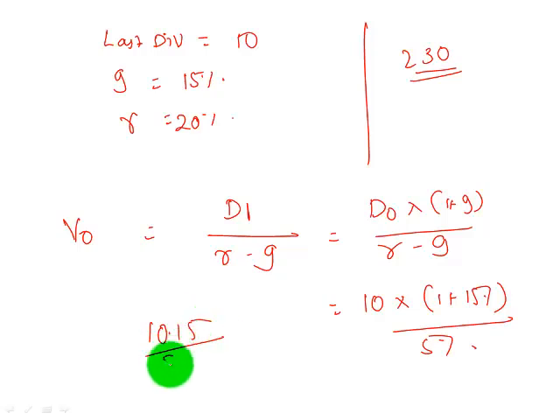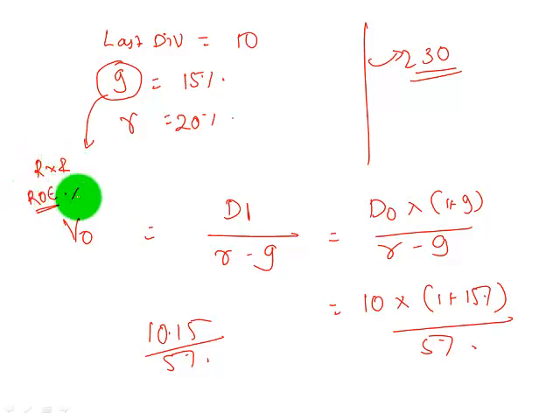So 11.5 divided by 5%, which would come out to be 230. This is a single stage model. Are we okay here? This G is called the sustainable growth rate, and how do we solve for this? ROE, return on equity, into retention ratio.